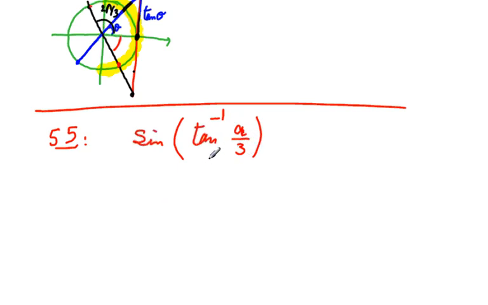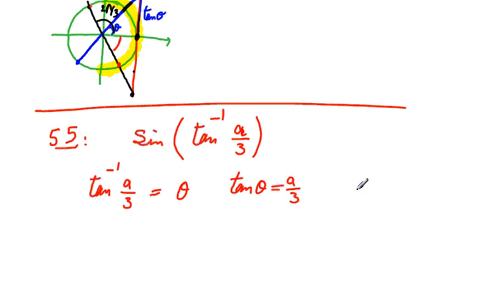If you say tangent inverse of A third is something, what are we talking about? Are we talking about angles, or something else? Tangent inverse is a trig function, so we are looking for an angle, with the property that its tangent is A third.